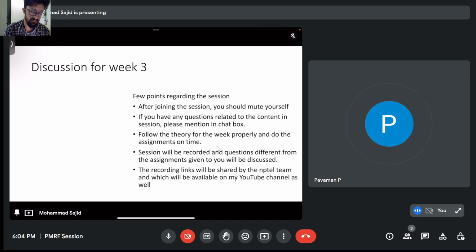BJTs, MOSFETs. Sometimes some linearizing technique, biasing technique is what I think it would be. I don't think that has been discussed in these many weeks. Biasing techniques and everything, like voltage divider and current mirror, I don't think those have been taught yet in this course, and I don't know whether that is in the content of the course or not.